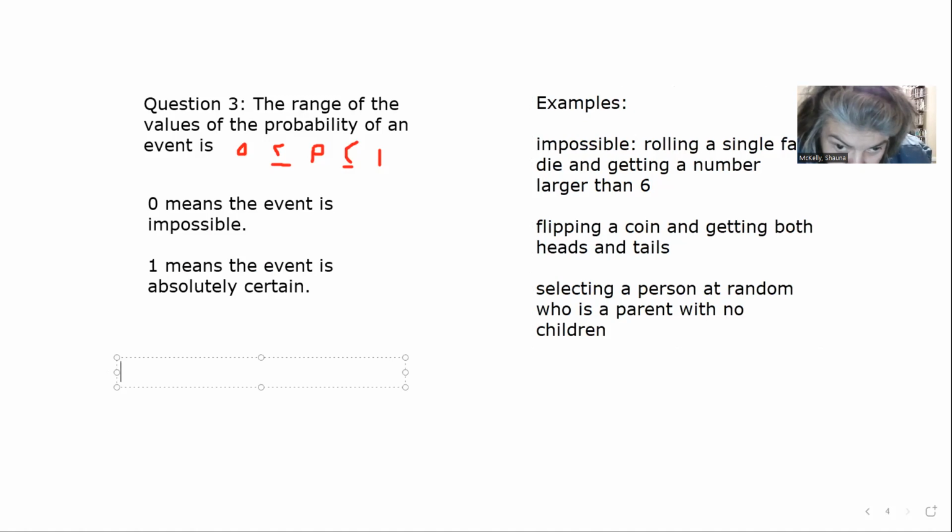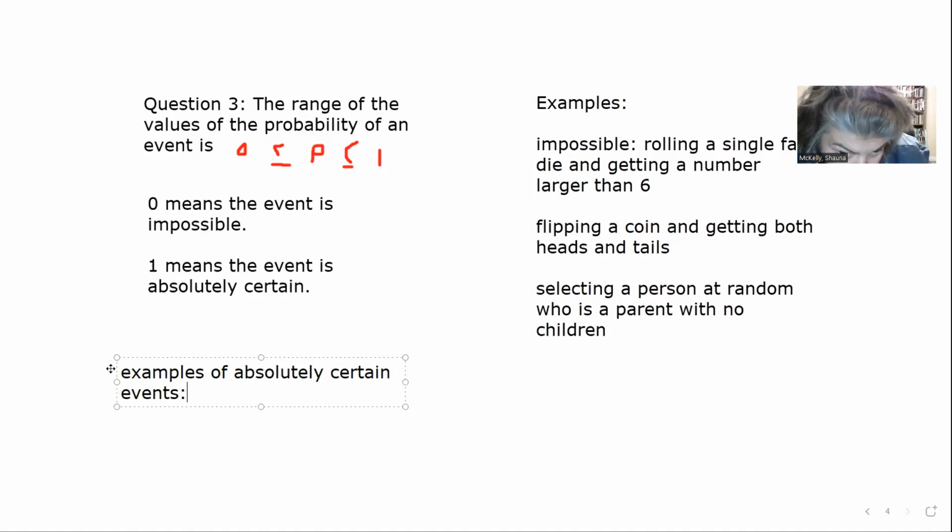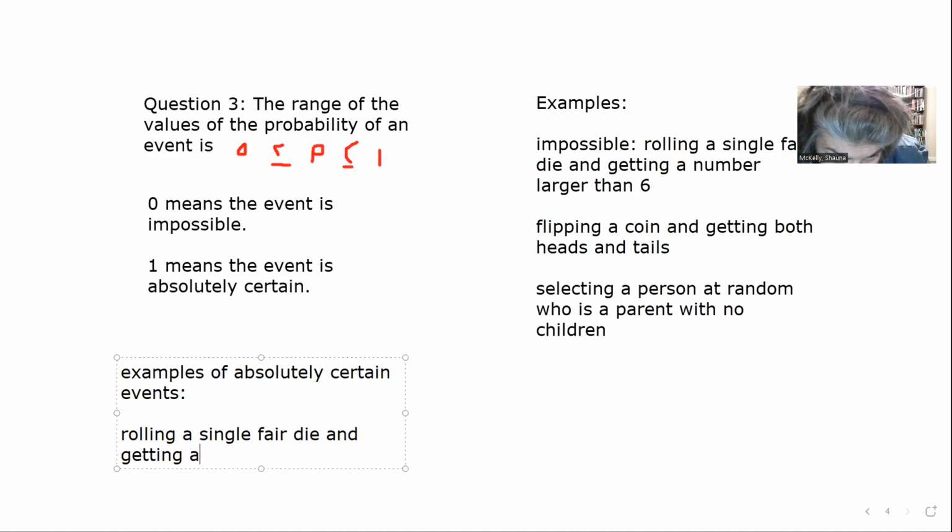If I have examples of absolutely certain events, well, rolling a single fair die, oops, and getting a number less than 10. That's absolutely certain. You have to get a number less than 10. Here's another example.